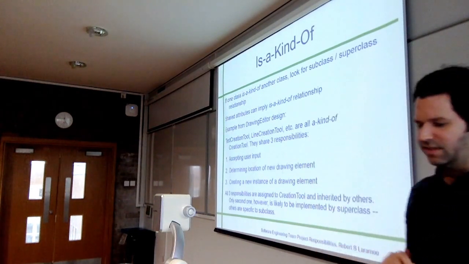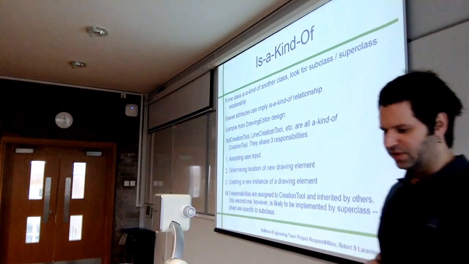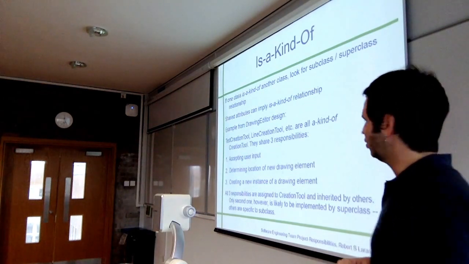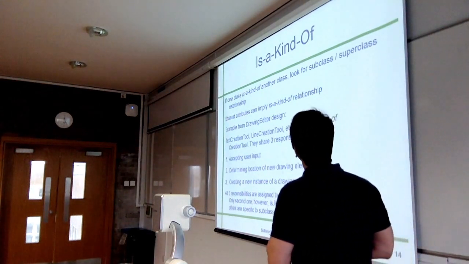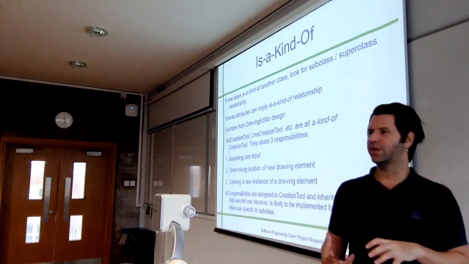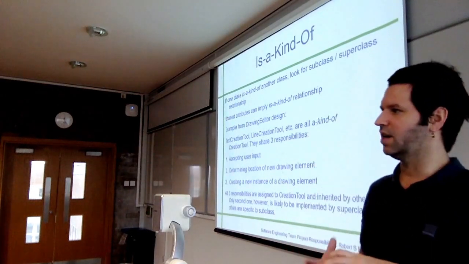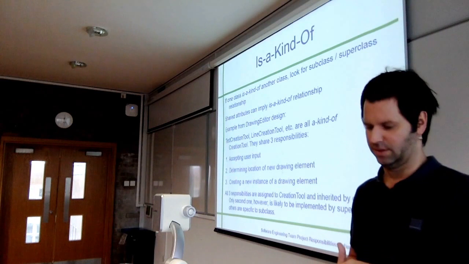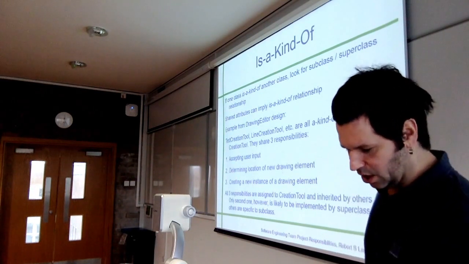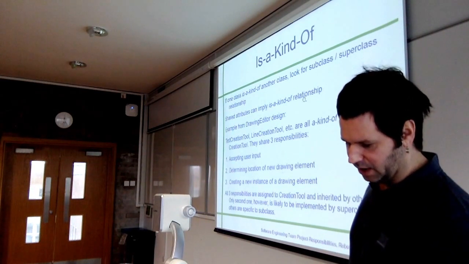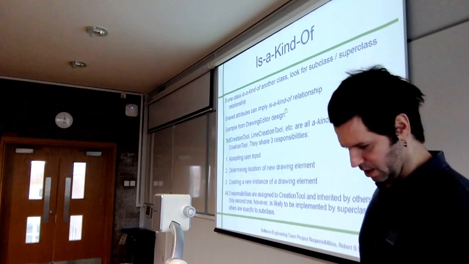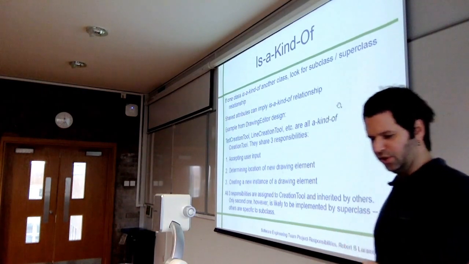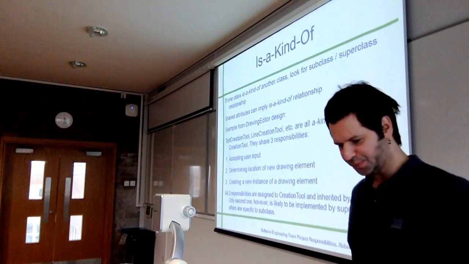If one class is a kind of another class, look for subclass, superclass relationships, right? Or parent-child relationships. A child is a kind of parent, basically. Shared attributes can imply an is kind of relationship. And we're going to always refer to this drawing editor.